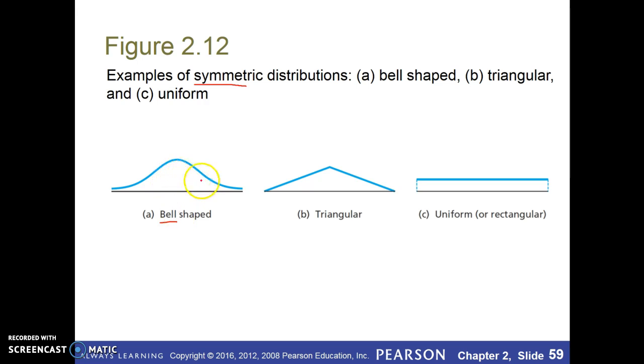But here's what a bell-shaped distribution would look like. Then there's a triangular shape, which is similar to a bell-shaped, except it goes straight up and straight down. It's not like there's a curve at all in the data. And then a uniform or rectangular distribution is where everything just kind of occurs the same. And that's what it would look like here.